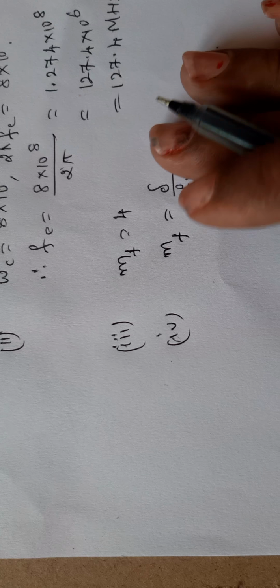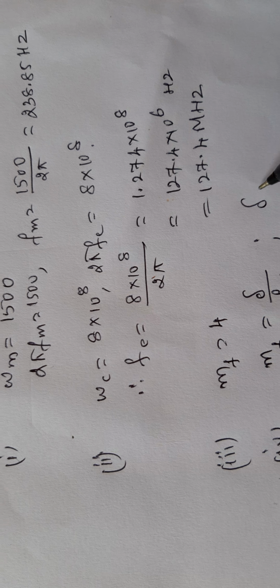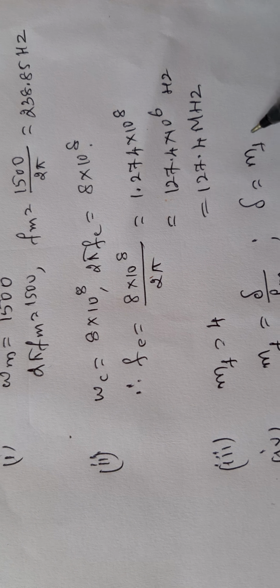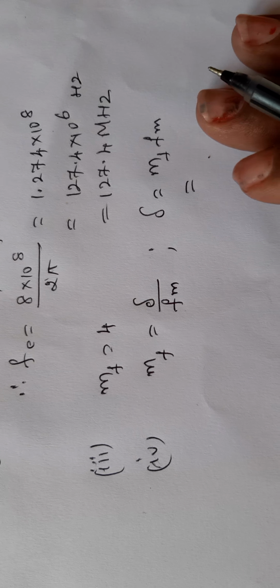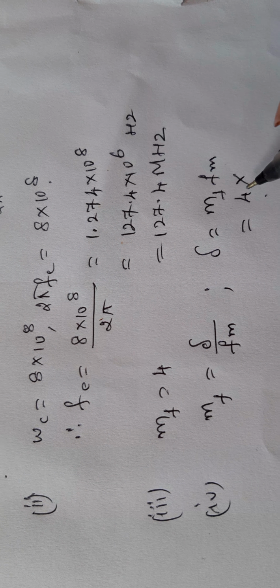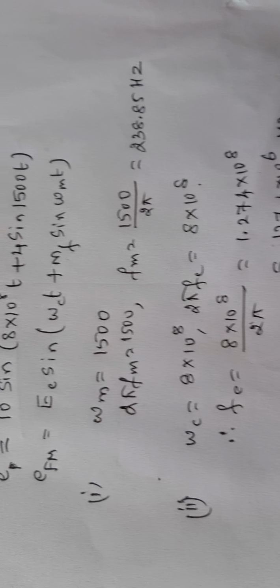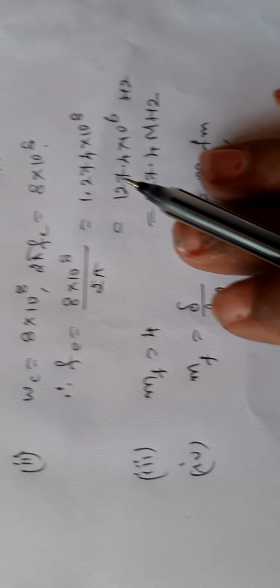Therefore, the maximum carrier deviation delta is equal to mf into fm, which is 4 into 238.85, the fm we have calculated.